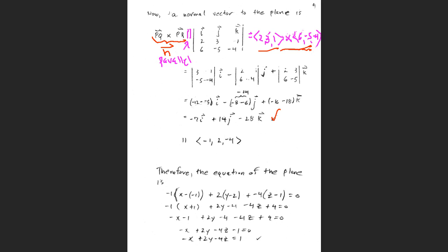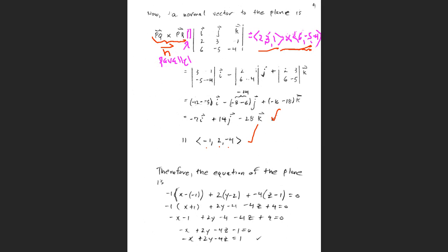You're going to get -7i plus 14j minus 28k. But that's parallel to the vector -1, 2, and -4. You see, you can make your computations easier if you take advantage of this idea of parallel vectors. And that's one reason I'm showing this example to you.